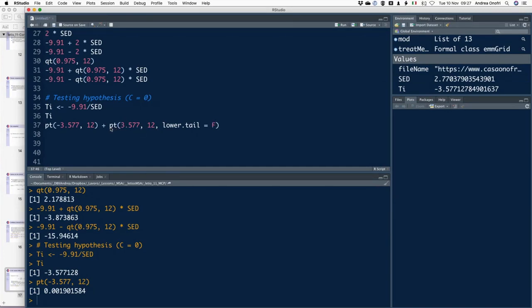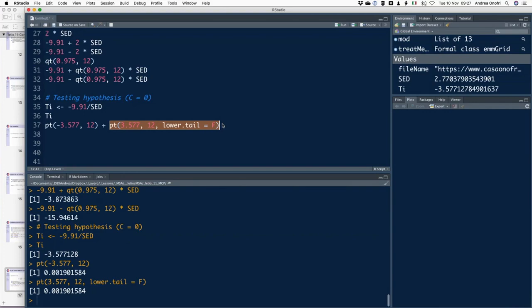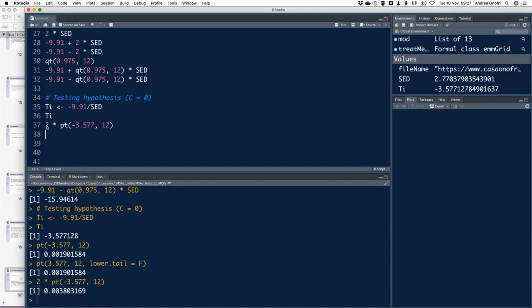But this is the same as before. If you look at this, it's the same value. And of course, the t-distribution is symmetric. So I can just remove this and take twice this value here. And that makes 0.0038. So this is my p-value.